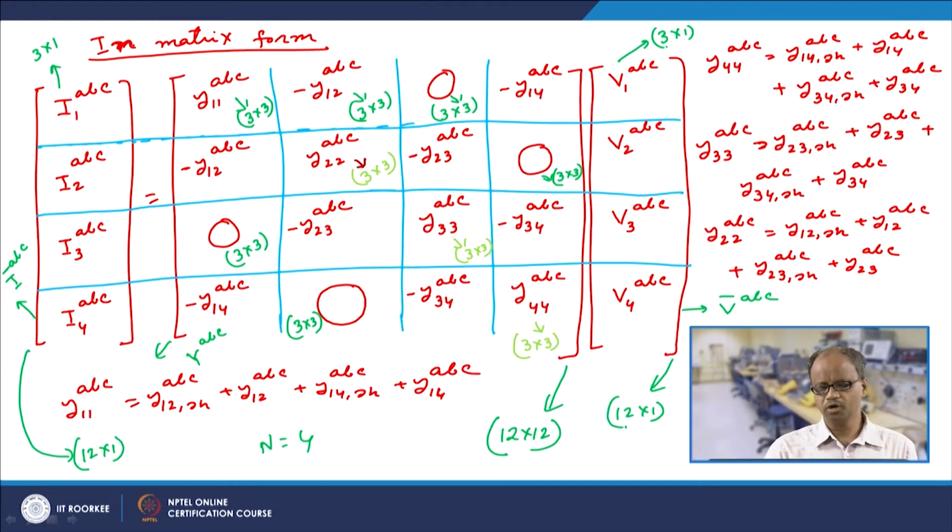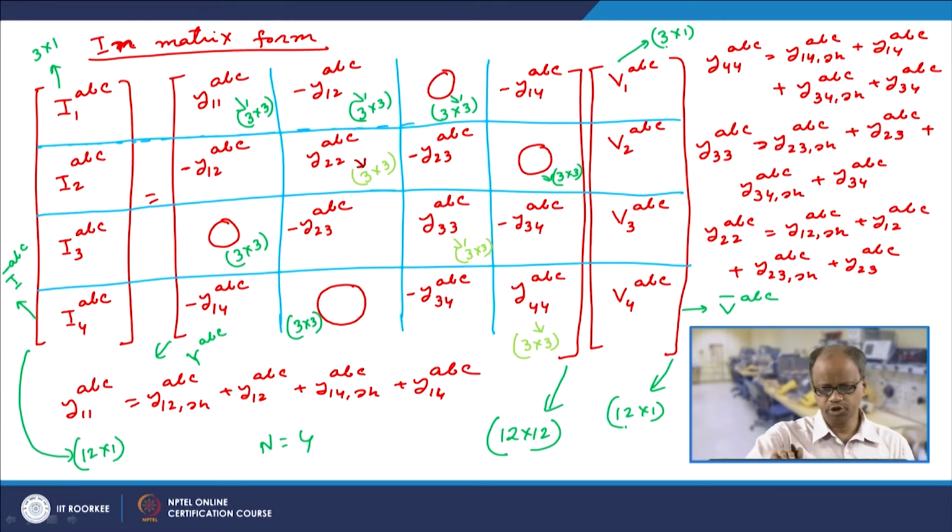So by this small example, we know that it is very easy to find out the bus admittance matrix of any 3-phase system in which there are only lines. In fact, this particular method can be very easily programmed in a computer.